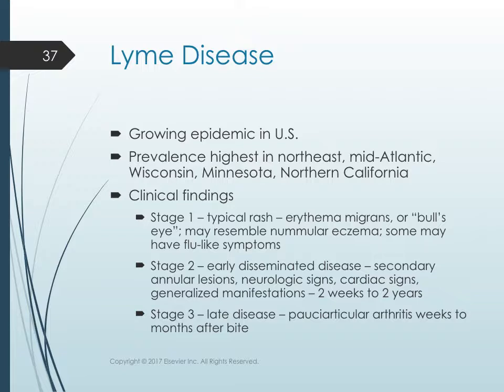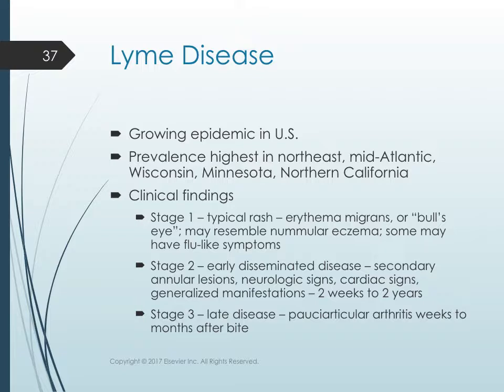And then late disease in undiagnosed and untreated Lyme can last for weeks to months to even years. I guess there are people out there with chronic Lyme. But I think the most important thing to remember is to always have a high suspicion for Lyme disease.